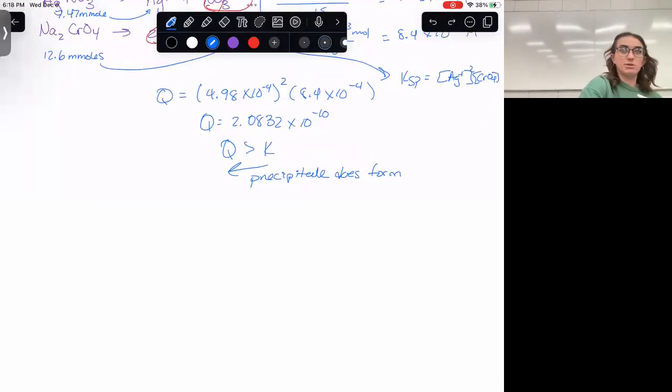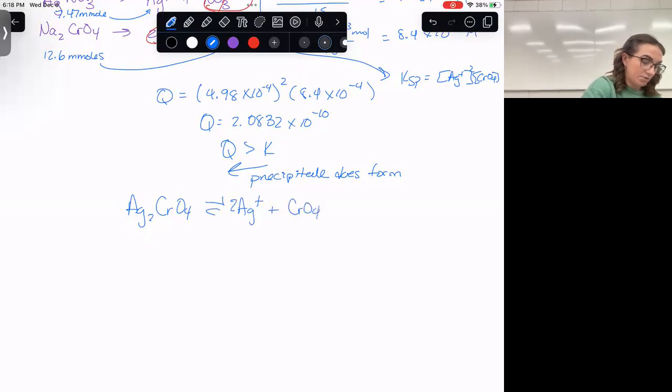So again, we're still given that silver chromate is going to dissociate into Ag plus and chromate. So we're going to use KSP to solve for X, for what that solubility product value is.